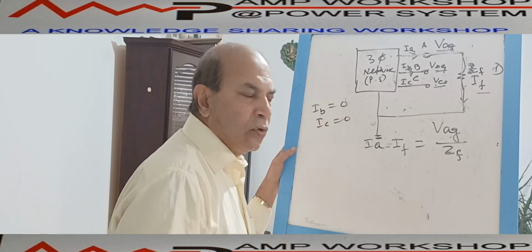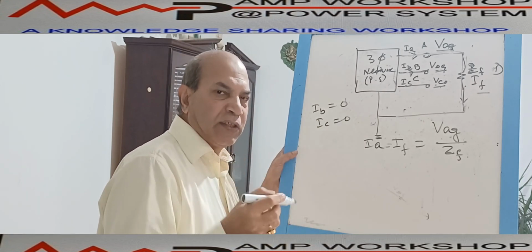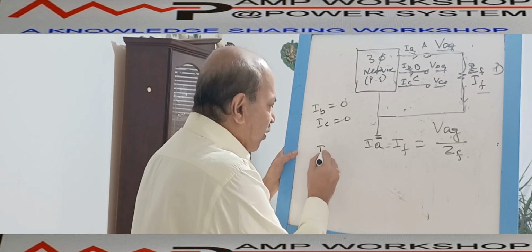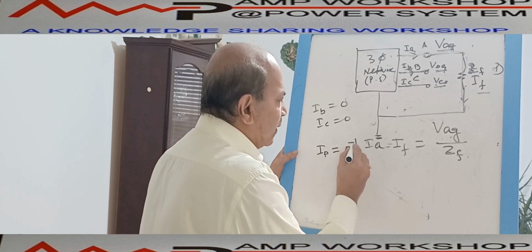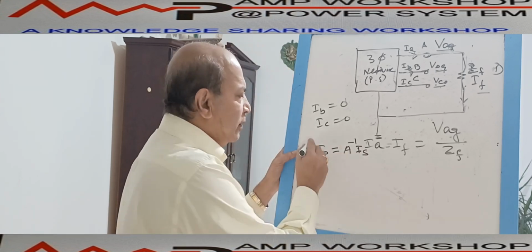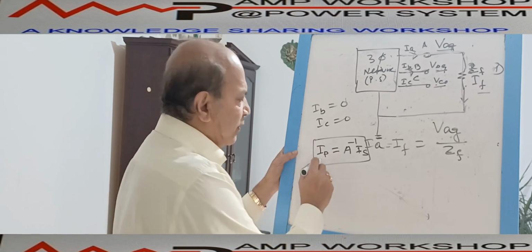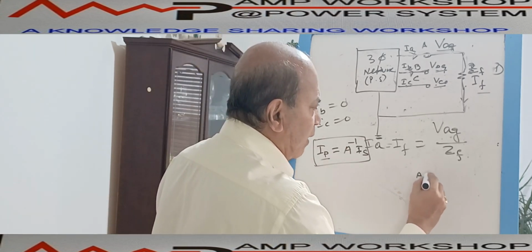Now we know there is a relation between the phase current and the sequence current: the phase current I phase equals A inverse times the sequence components. We have already seen this relation before. What is A inverse?